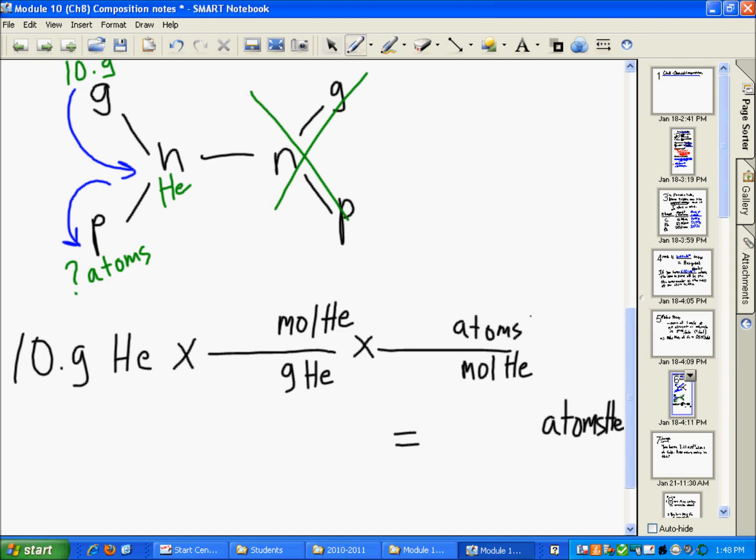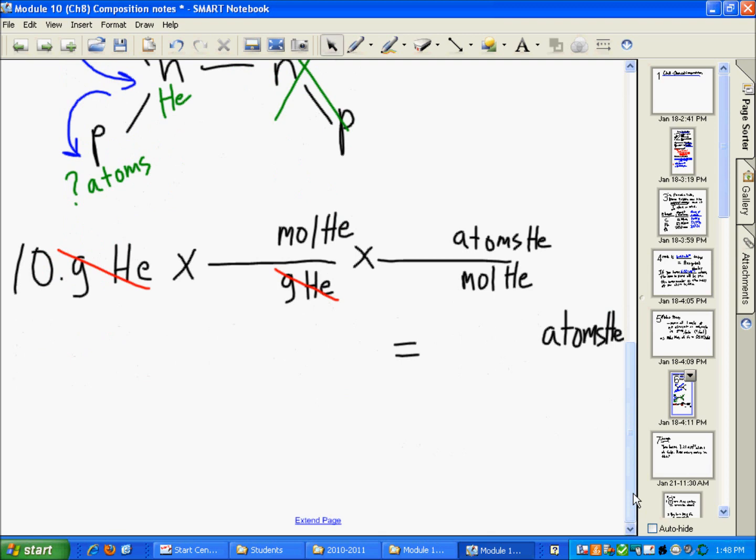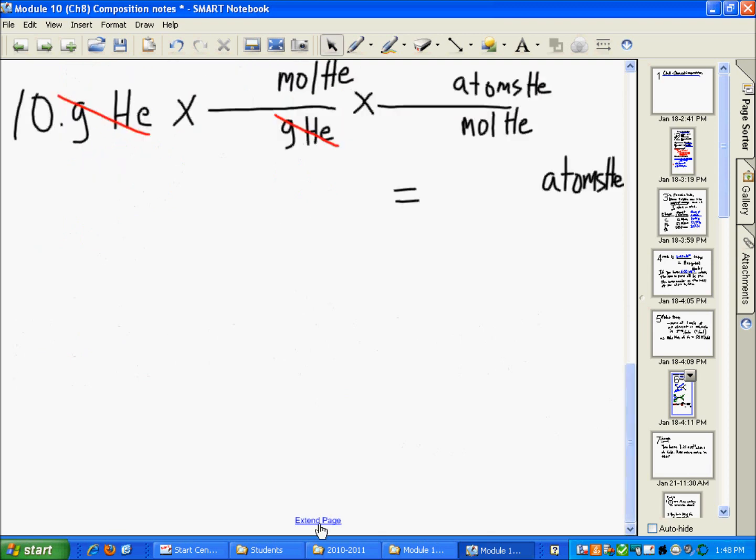Now, if we check our units, we'll find that grams will cancel. What I mean by cancel is that you can treat units as if they were numbers, like you did in converting units in Chapter 2.